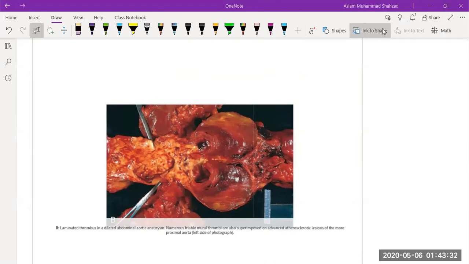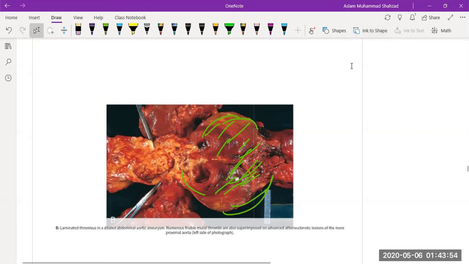So you can see on this left side the more laminated structure because of the presence of the red blood cells, and that's why they are shiny in nature, and they are mural in nature because they are along the wall of the aorta. So that's another example of laminated thrombus in dilated abdominal aortic aneurysm.